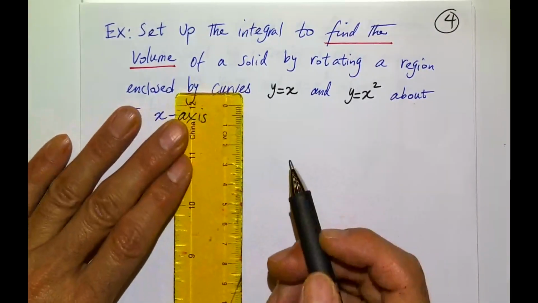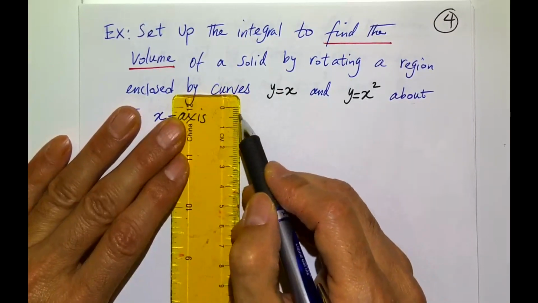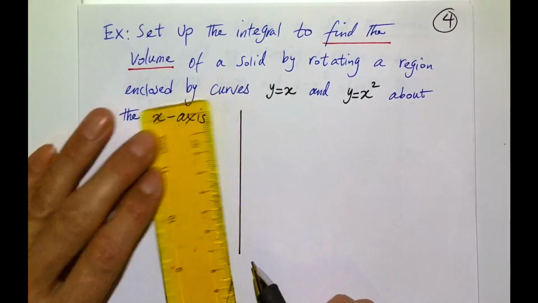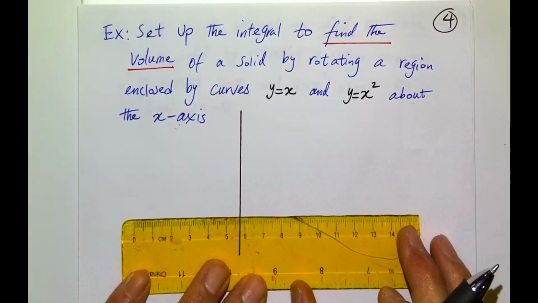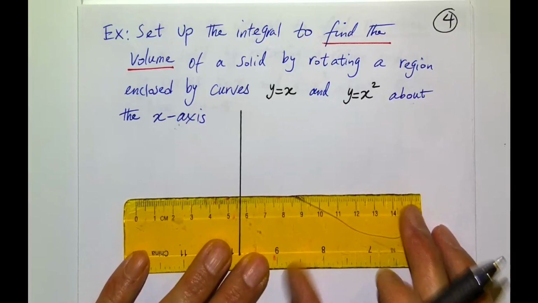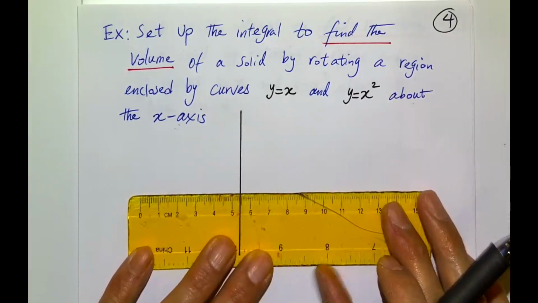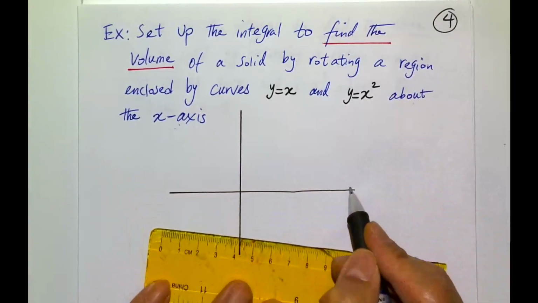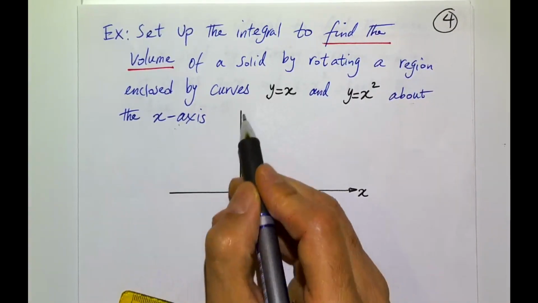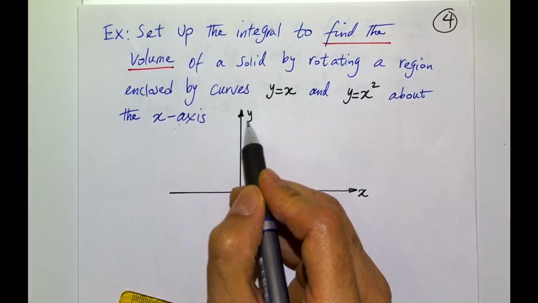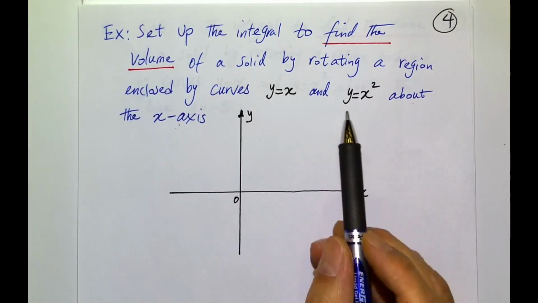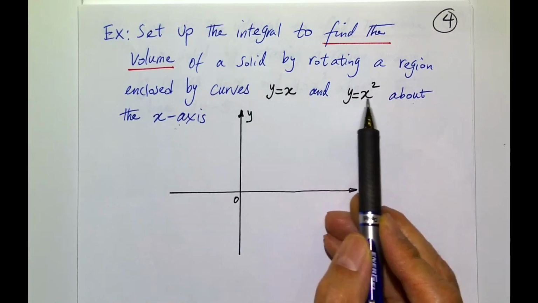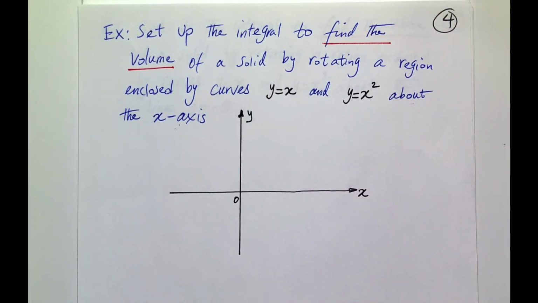So I'm just going to draw the picture here. Maybe here a little bit like that. And then y equals x squared is a pretty straightforward function to draw.